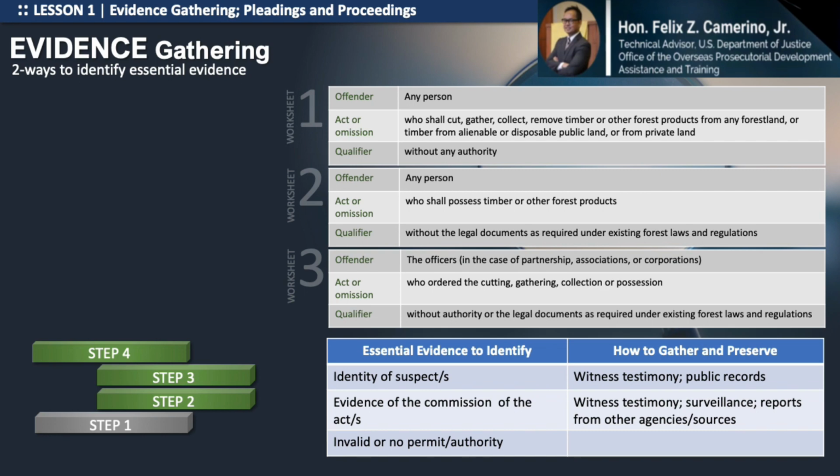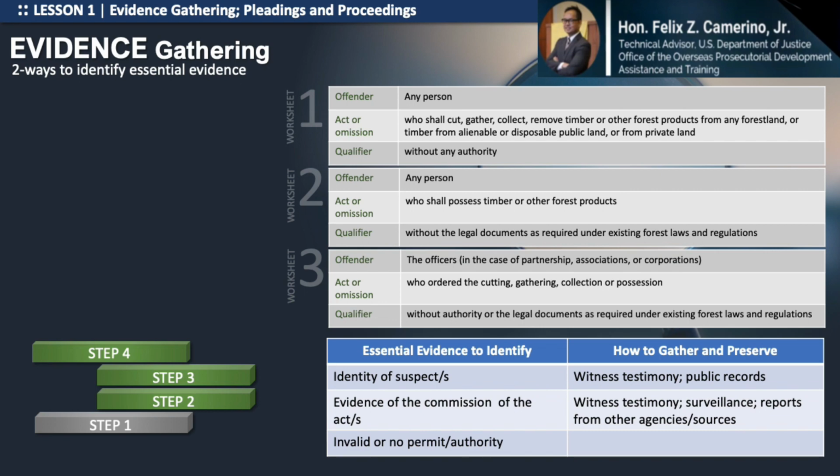In any case, they could provide the certification as to whether the person that you have identified, so clearly it's important that you identify the suspects, okay? In which case the DENR would have the basis for determining if that identified suspect has been issued permits or licenses, and if those licenses and permits are still valid, and specifically what they allow them.